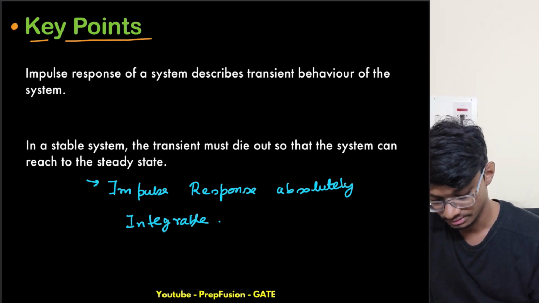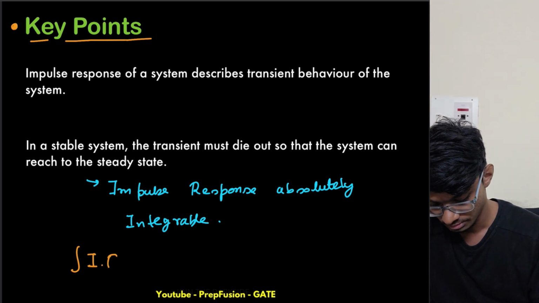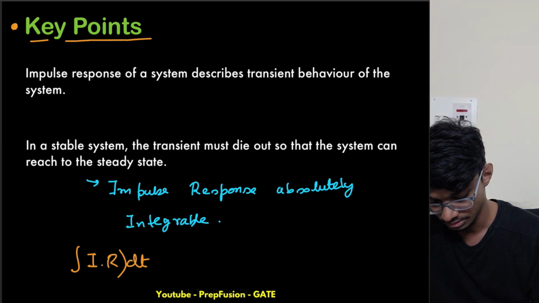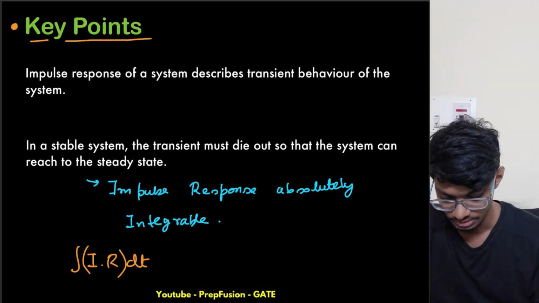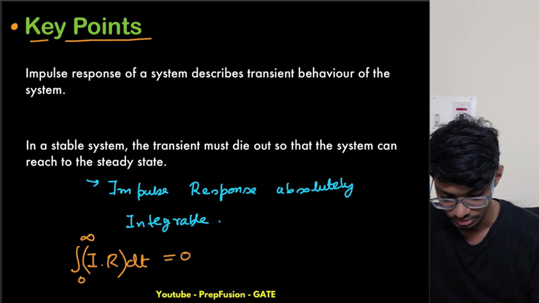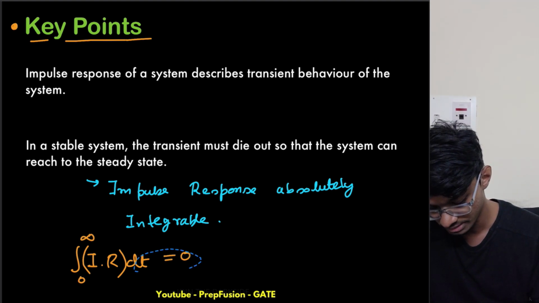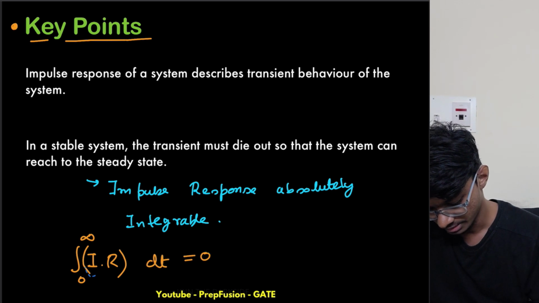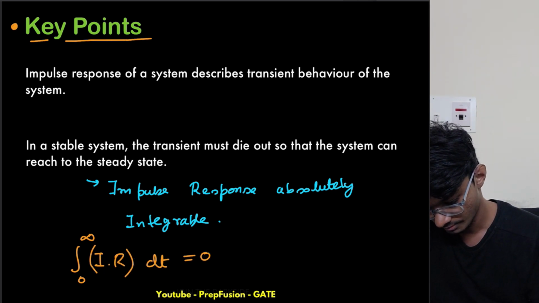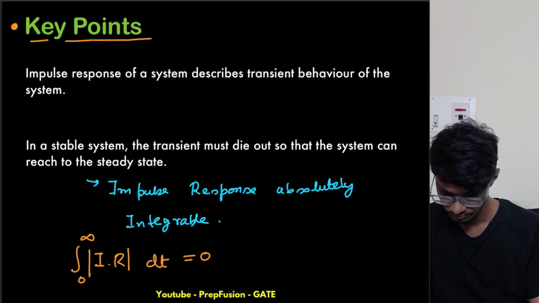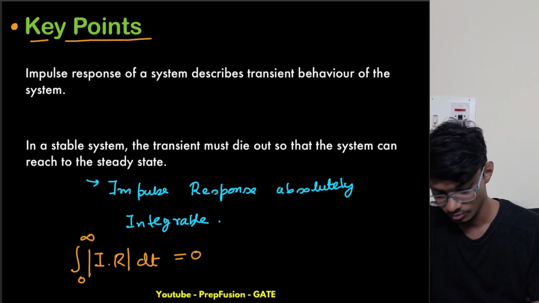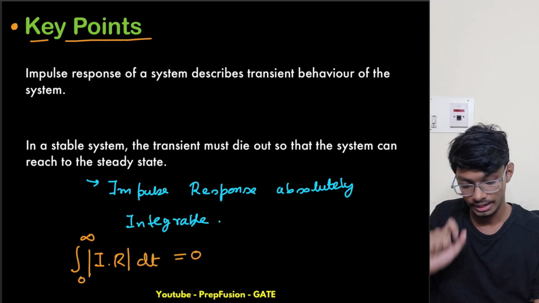So mathematically, this is the integral of the absolute value of the impulse response, dt, from 0 to infinity, and sorry, this is not simple brackets, this will be straight brackets, right? Okay, so this is what my absolute integral means.